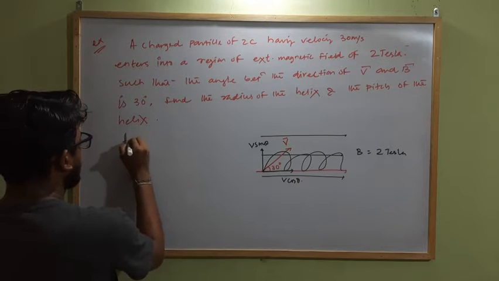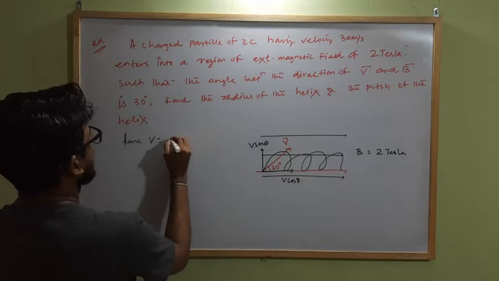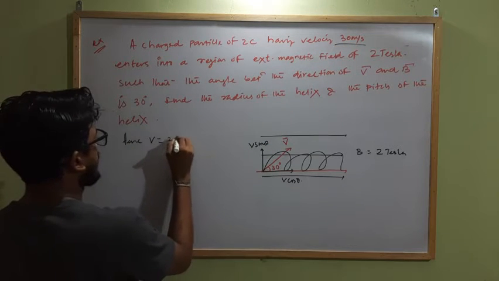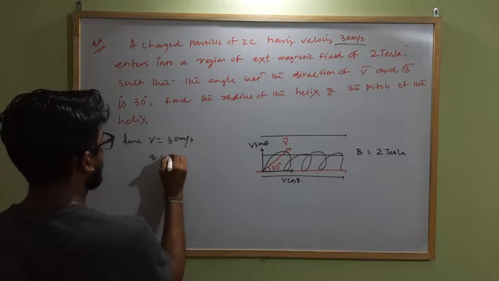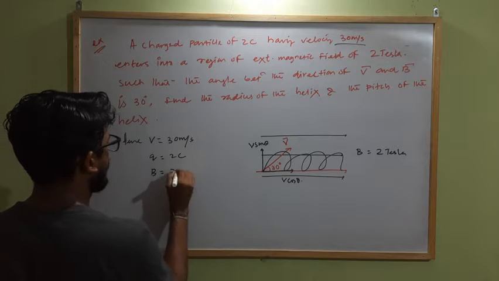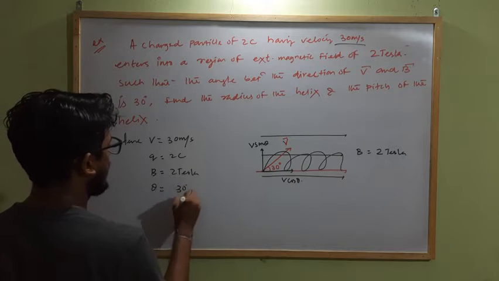Here V is equal to how much? 30 meter per second. Q equal to 2 coulomb, B equal to 2 Tesla and theta equal to 30 degree.